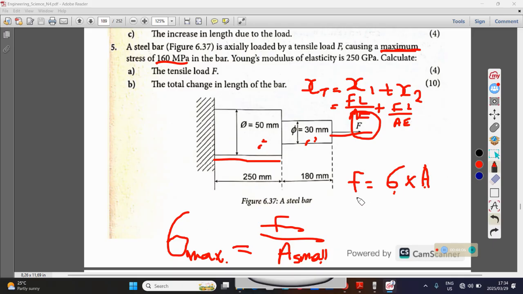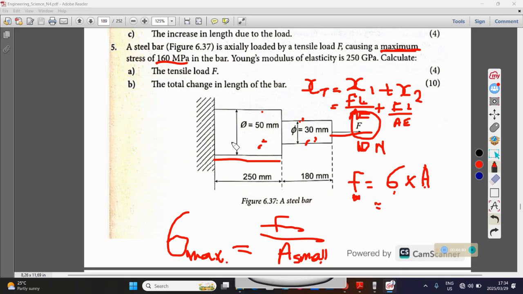So that force that you will get here will apply to this and that, meaning that if you've got 10 Newton as your force here, then it means that this portion will be stretched with the force of 10 Newton. Even this one will be stretched with the same force of 10 Newton. Remember, in series, force is common. Force will be the same in portion 1 and portion 2. So you'll use that force here, and which will be the same force.